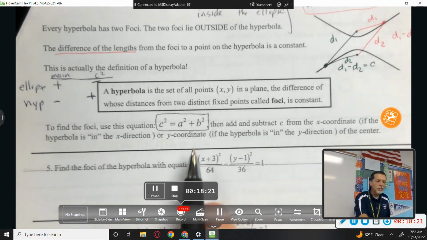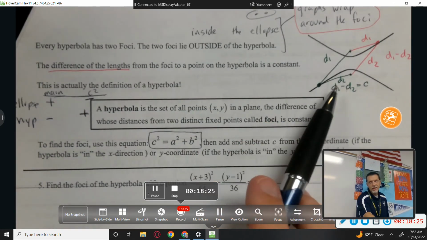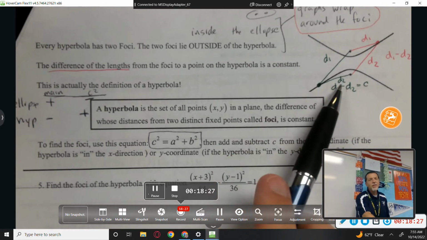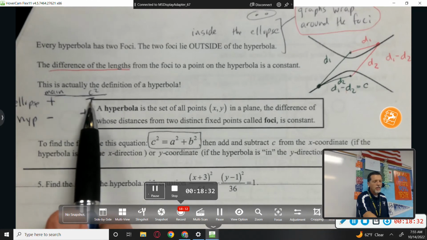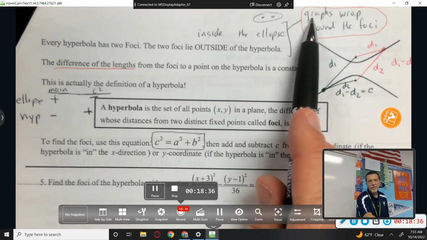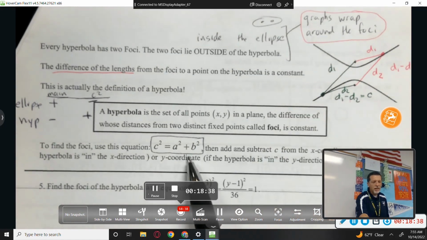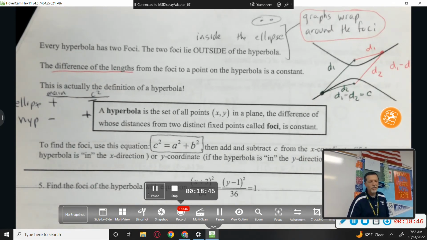If you get the plus and minus backwards, your foci will end up in the wrong place. If you're paying attention, you'll catch that you made a mistake. If you use plus for an ellipse, your foci will end up outside the ellipse. If you use minus for a hyperbola, your foci will end up outside the hyperbola. So if you're graphing and really paying attention, you will catch your mistake.